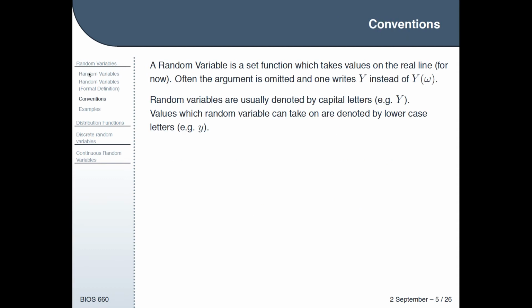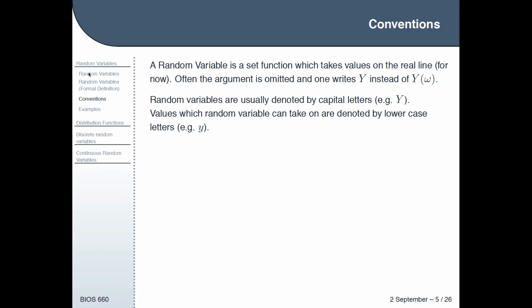A random variable, as I said, is a set function that takes values on the real line, or it could in principle take values on R^n. For the time being, we're going to restrict it to the case where there's only a single real number, and usually we don't mention the fact that it depends on an input variable from the sample space omega.